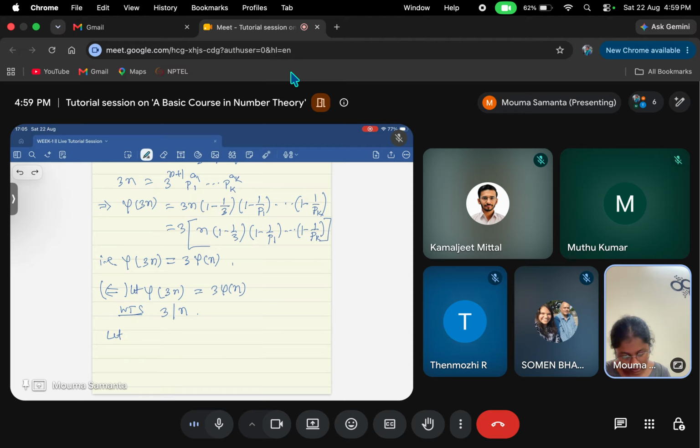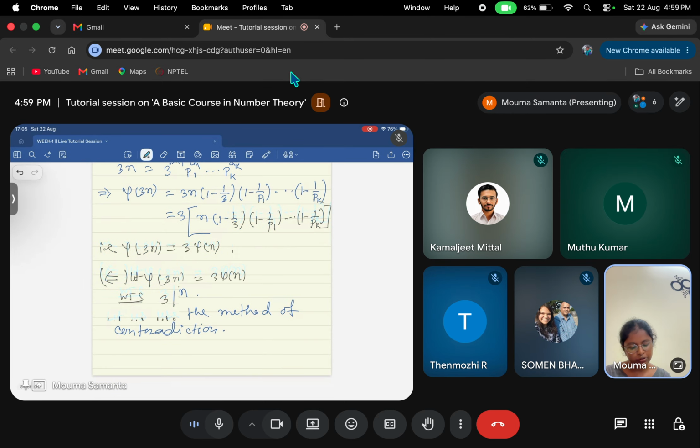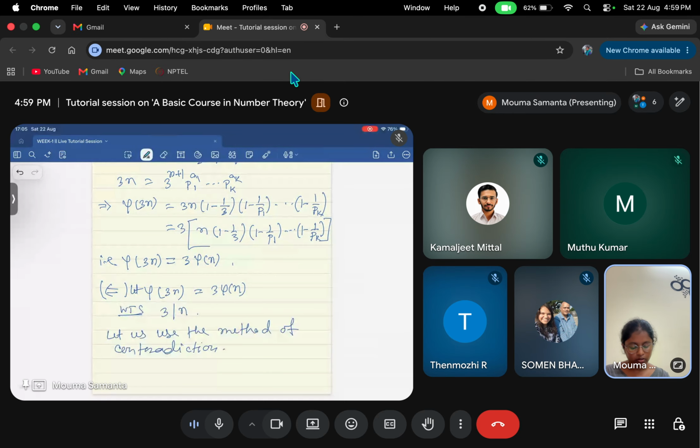Okay, let's use that. Let us use the method of contradiction. So to use the method of contradiction, what we have to show?